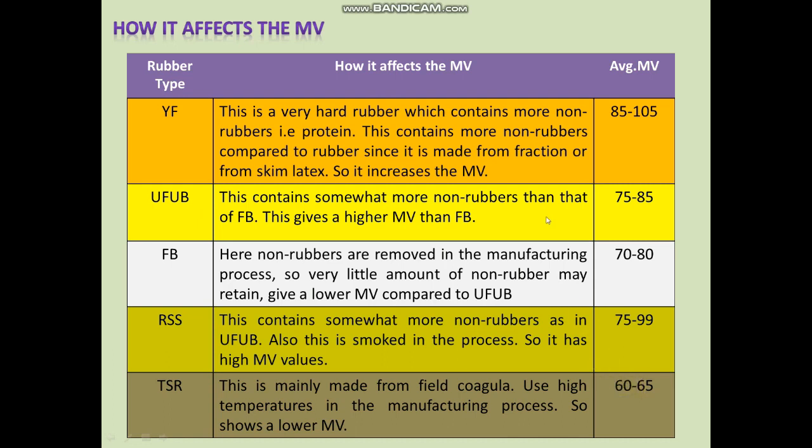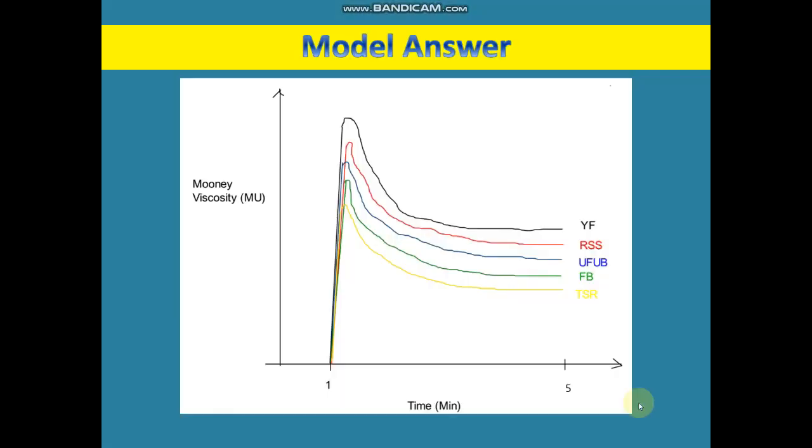Based on this information, we can see the yellow fraction has the highest Mooney viscosity value, then RSS, then unfractioned unbleached crepe rubber, then fraction bleached crepe rubber, and finally the technically specified rubber. So this should be the model answer for this question.